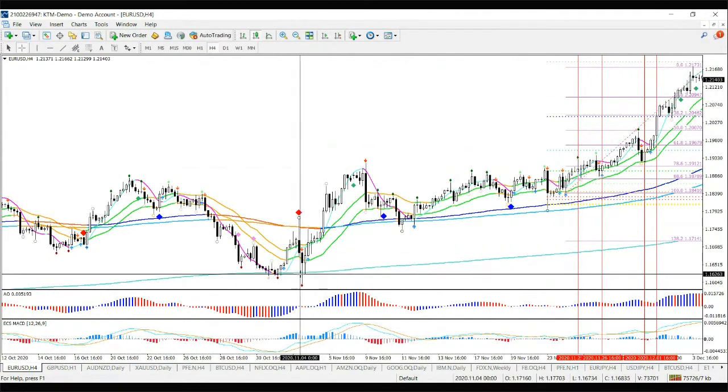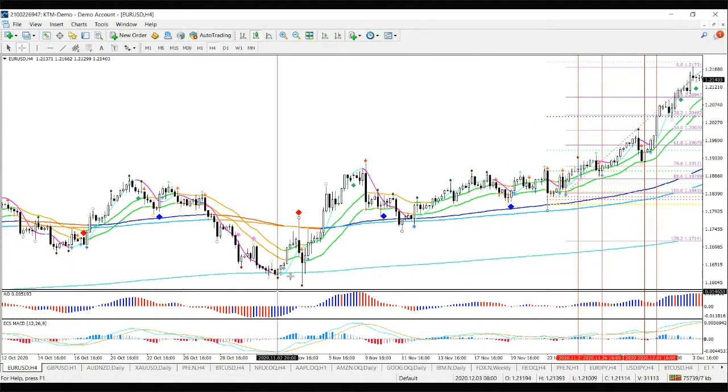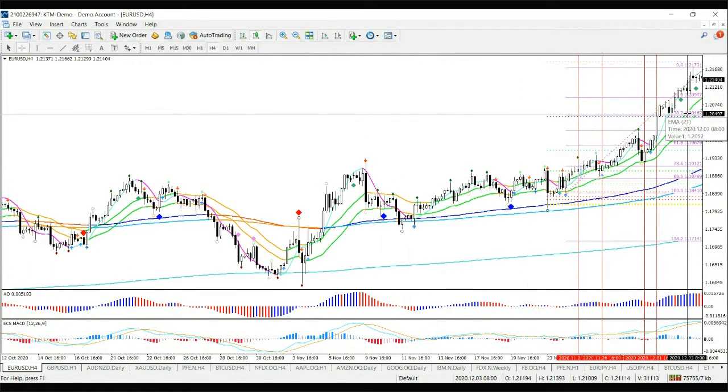Now, what the exact wave count is, whether this is a wave 1, 2, and 3 or an A, B, and C up, for these trades to the upside really didn't matter all too much, because in both cases we expected upside. So as you can see, the Elliott Wave theory maybe helped us a little bit here, but wasn't crucial for these trading ideas, just because we could see the price swings develop by using moving averages, fibs, and fractals, and use that as a shortcut to understand that the upside had the advantage here.